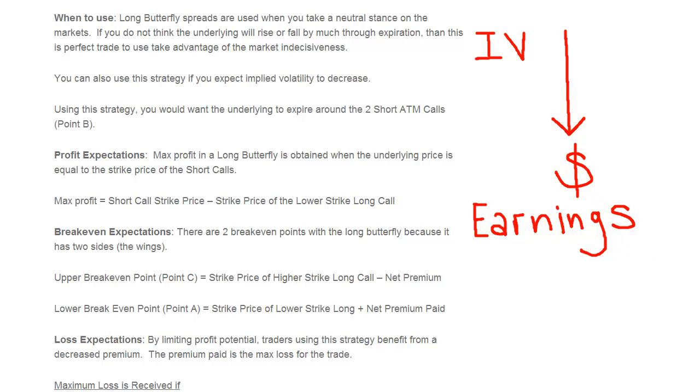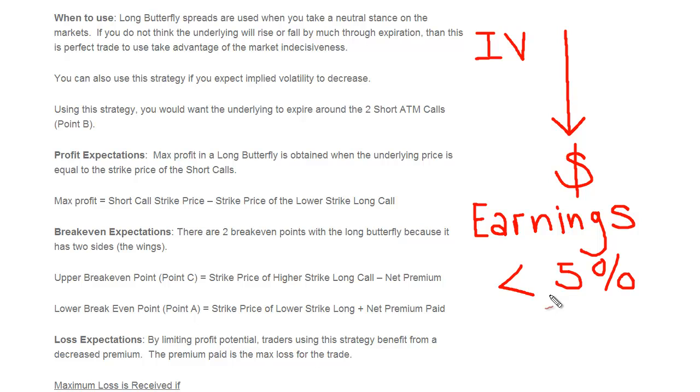The key is to find your underlying that tends to not move so much over earnings. So you're looking for ones that move maybe less than 5%. If you find these symbols, Apple tends to work really well.